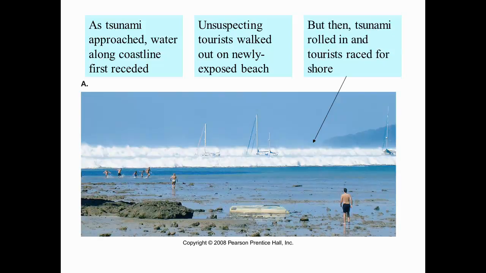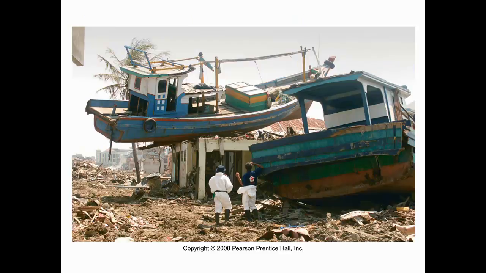But soon afterwards, the tsunami wave rolled in, and here in this photograph you can see the tourists madly racing back towards shore with this approaching tsunami wave that was even carrying boats towards the coastline. And those boats ended up on land on top of roofs.